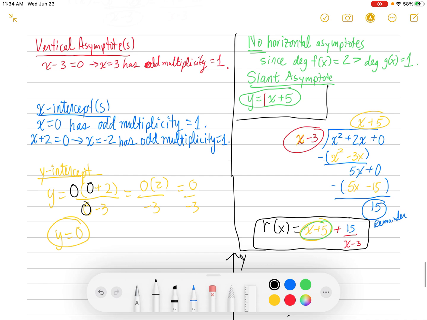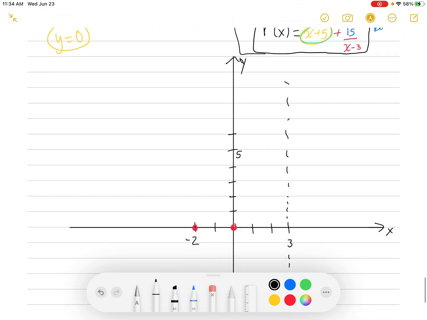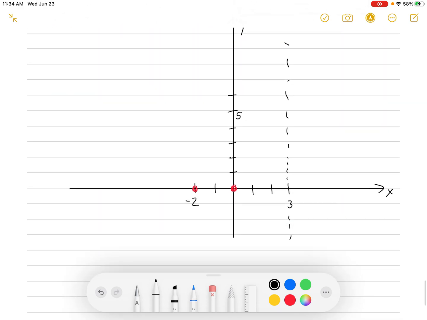So we're going to start off with the y-intercept of 1, 2, 3, 4, 5 for our slant asymptote. It has a slope of 1, right? The slope out front is 1. So imagine I'll put a black dot for this asymptote. We're going to go up 1, over 1.